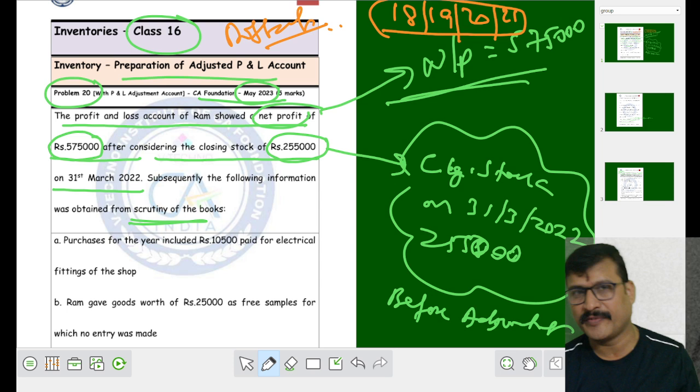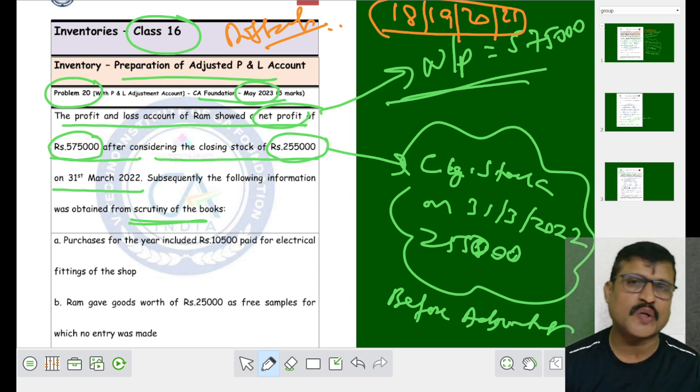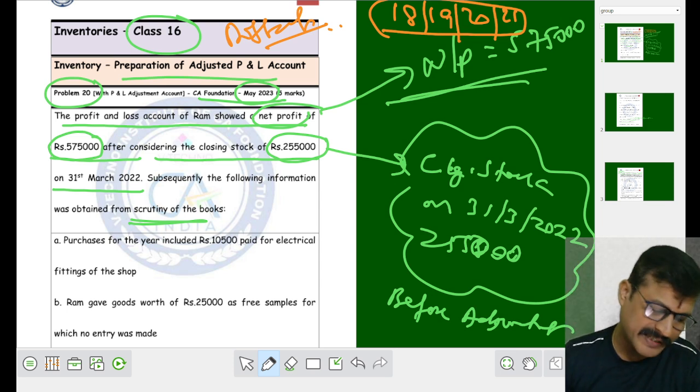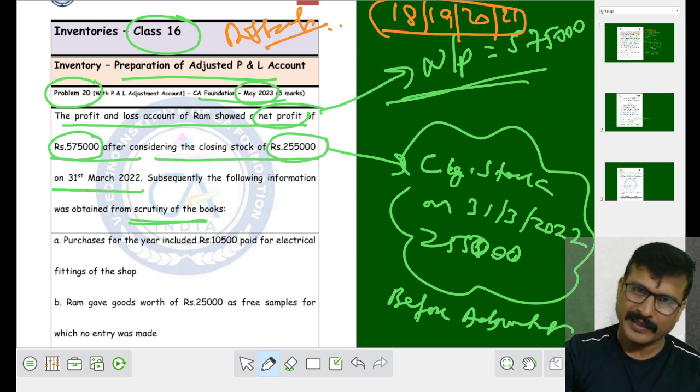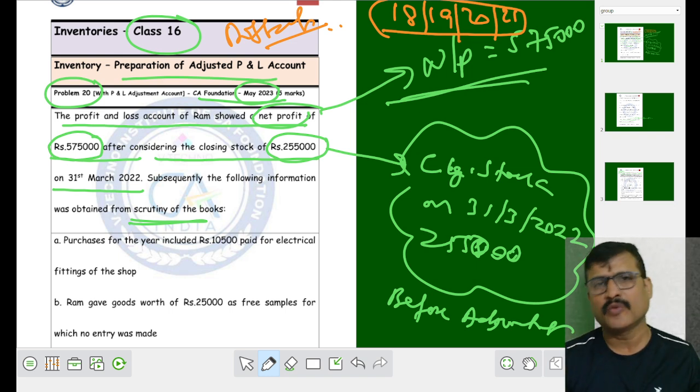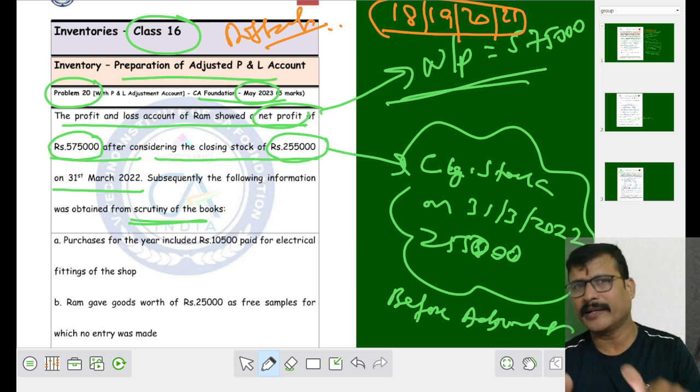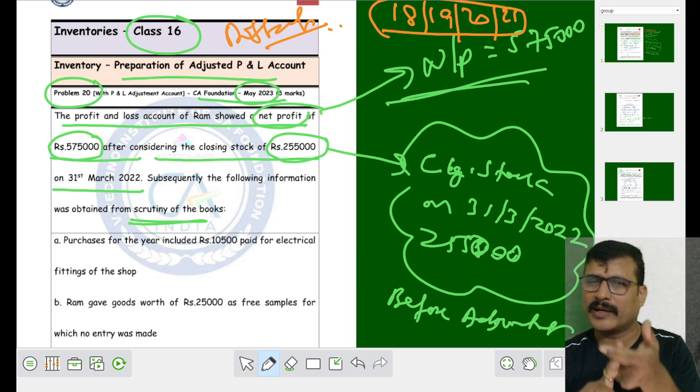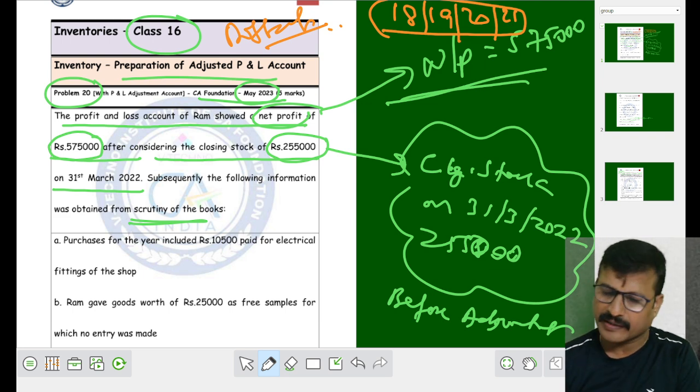CA means always difficulty only, right? They prefer to ask the difficult problems rather than the easy problems. Okay. Let me start. What we have to do? We have to calculate closing stock after adjustment, and we have to prepare the P&L adjustment account.